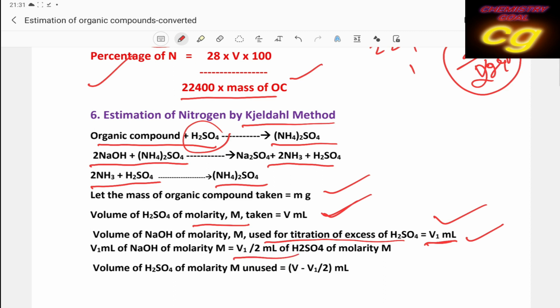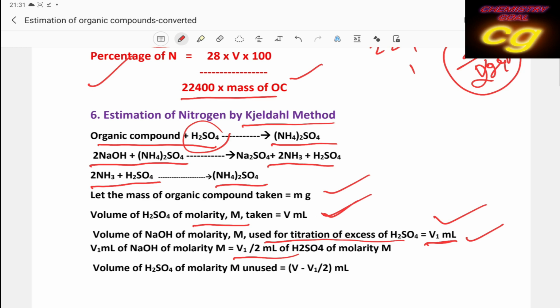V1 by 2, because sulfuric acid is dibasic but sodium hydroxide is monoacidic. So if the concentration is the same, the volume of sulfuric acid will be half of the volume used for sodium hydroxide.